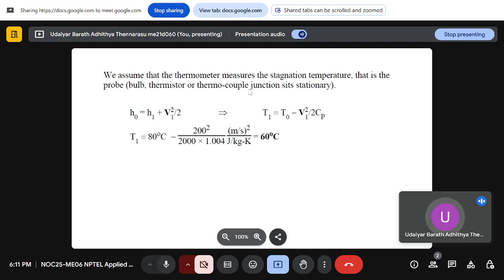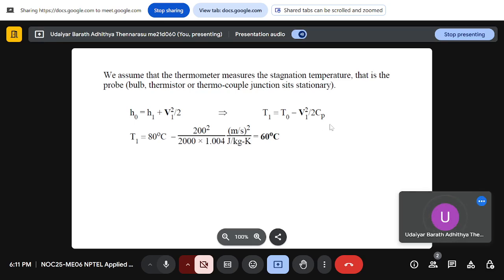T0 is 80 degrees Celsius minus V1 square by 2Cp. Substituting the values, V1 is 200, so 200 square divided by 2 into 1.004 into 1000, to convert kilojoules into joules. This comes out to be 20, and 80 minus 20 is 60 degrees Celsius. So your actual flow temperature is 60 degrees Celsius.